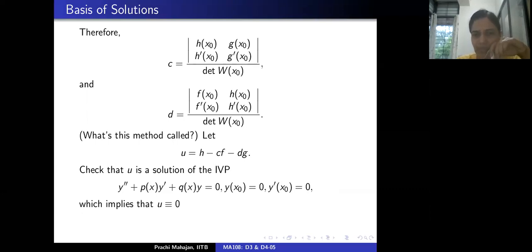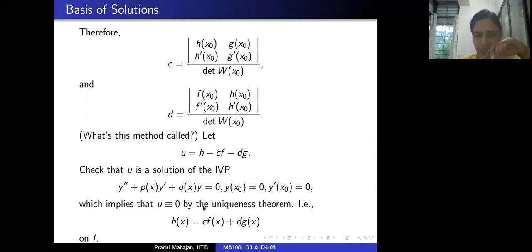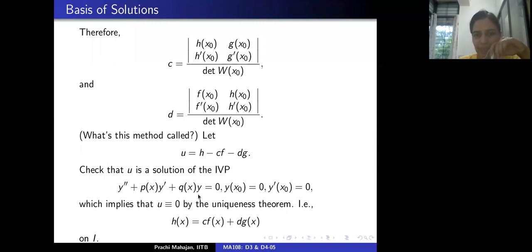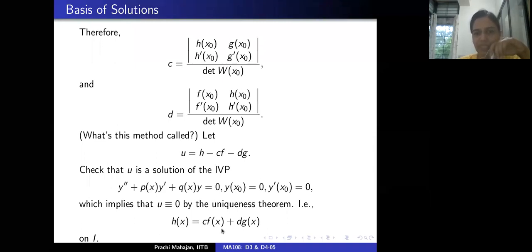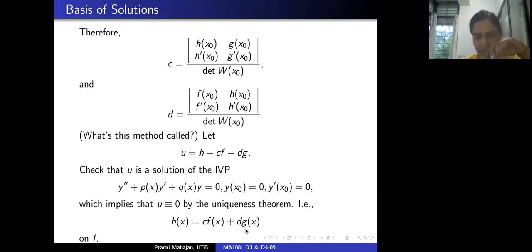There's only one solution to that, and that is U identically 0. So it means that H must be C times F plus D times G throughout the interval I. For these values of C and D, you can write H as a linear combination of F and G, and we are done. This is what we wanted to prove. Is this okay with everybody?